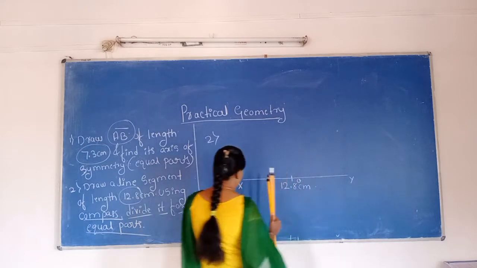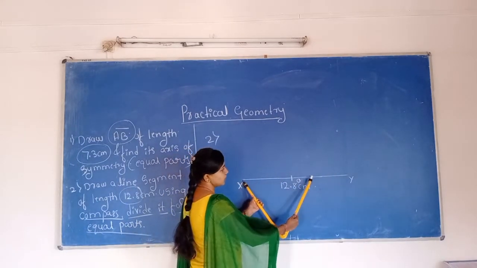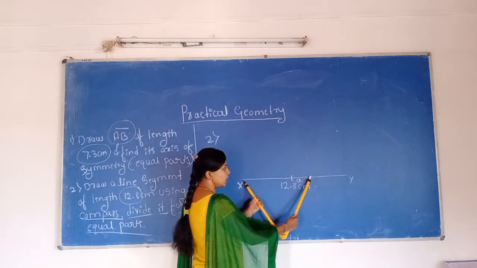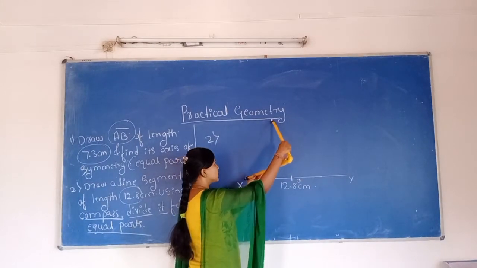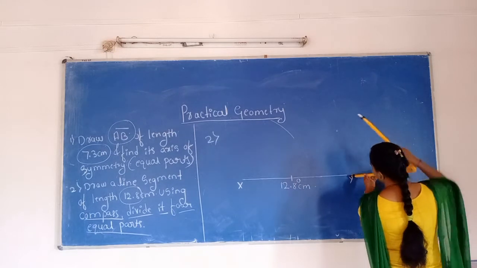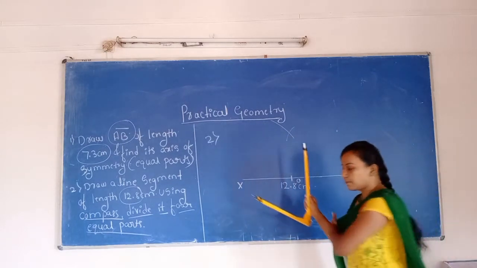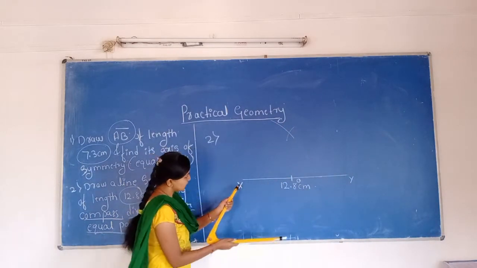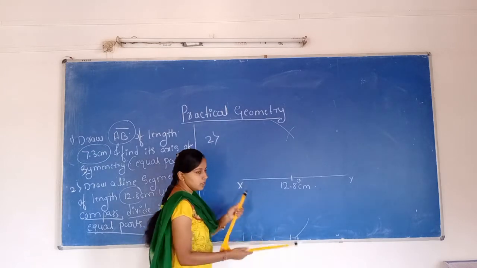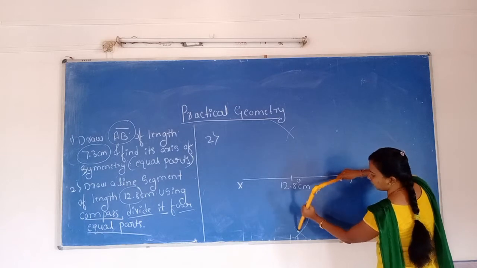So consider that line segment as the first half. How do we make the half? As we said earlier, take more than the center point. So from the X side you have to cut like this, and from the Y side again cut like this. This is the upper side. From the lower side, again from the X side and from the Y side.